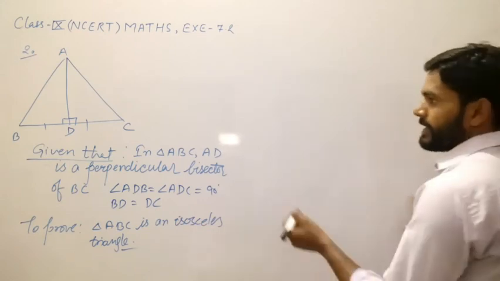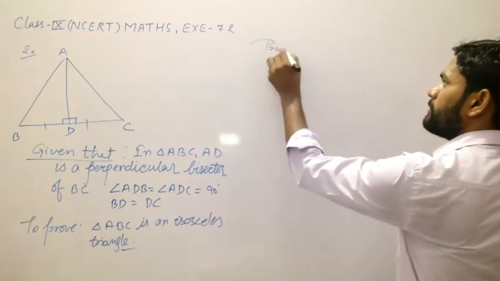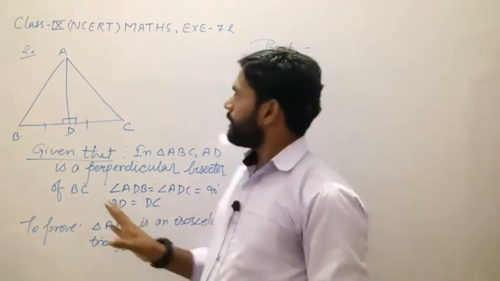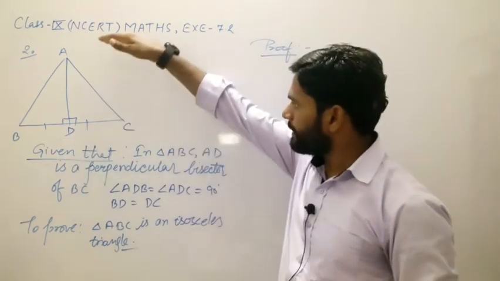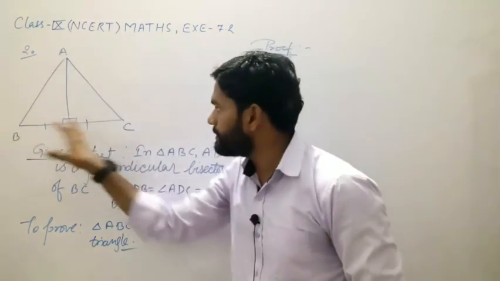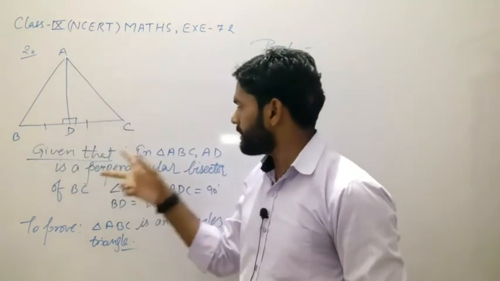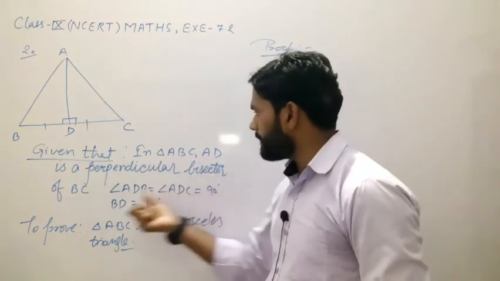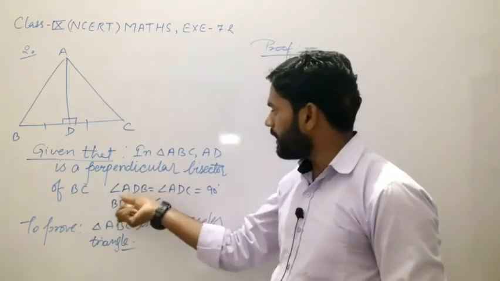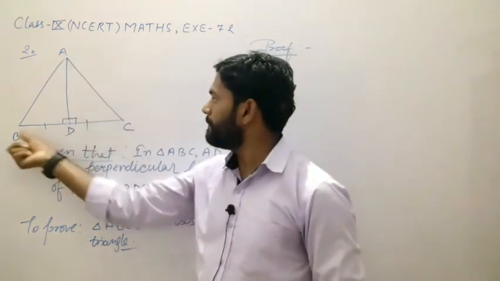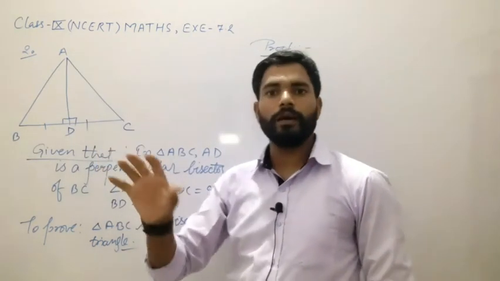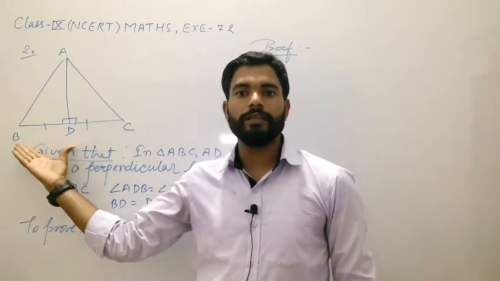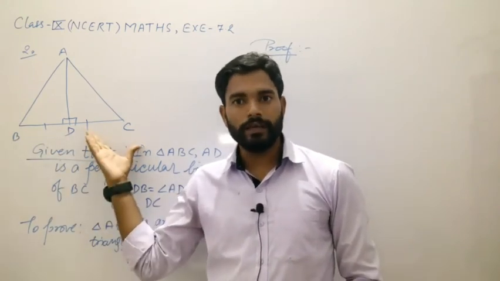Now I am starting the proof of this one question. रिपीट करता हूं, देखो बिगिनिंग से हम एक ये दे रखा था, एक ट्रायंगल ABC जिसमें AD परपेंडिकुलर बाइसेक्टर है। As I mentioned here, in triangle ABC, AD is a perpendicular bisector of side BC, then angle ADB and angle ADC both are equal to 90 degrees, and for the bisecting portion we can say that BC is equal to CD. क्लियर?